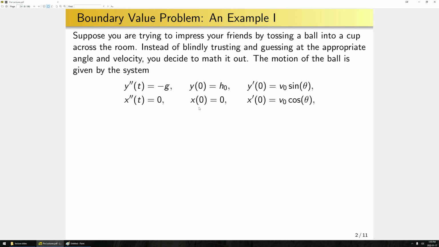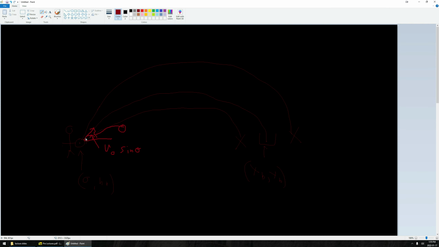For x, again neglecting friction, we assume there is no acceleration pushing or pulling it in the x direction. We're also assuming there's no breeze in the air or anything like that, implicitly in this differential equation. And I'm assuming my initial position is at 0. Again, that's just by choice. I can always define where my point 0, 0 is.